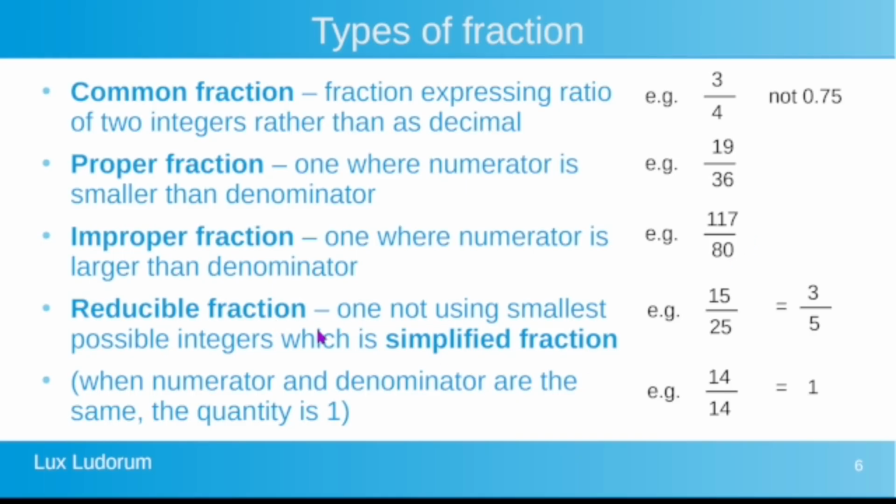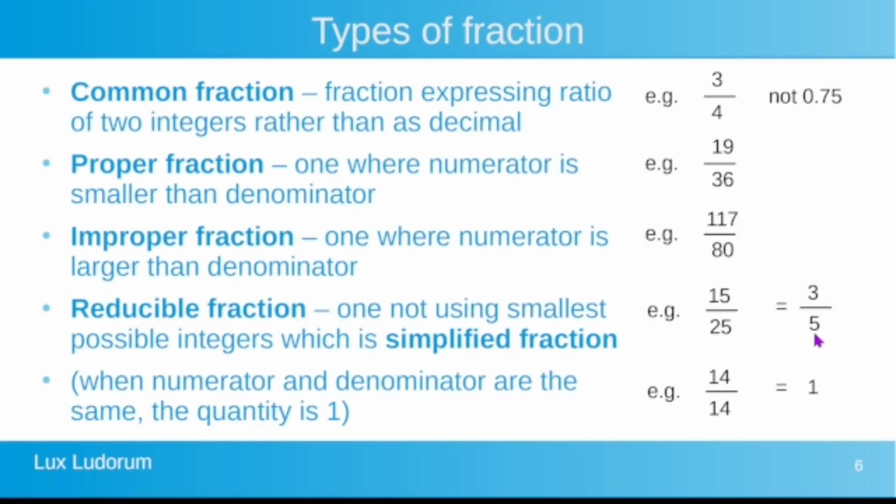A reducible fraction is one that doesn't use the smallest possible integers. If it did, it would be a simplified fraction. For example, 15 over 25, these numbers can be made smaller and it can remain equal or unchanged in amount.